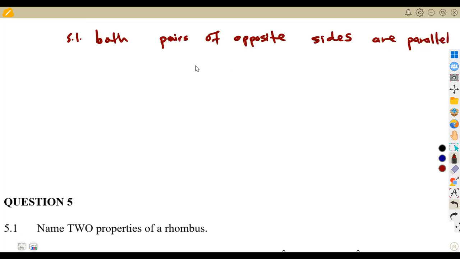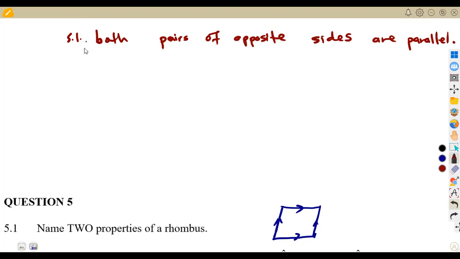The major property there is being parallel, because we are referring that a rhombus is simply what? Is simply a parallelogram. But the difference that we're going to have is that these sides, yes, they are parallel, but all the sides will be equal.